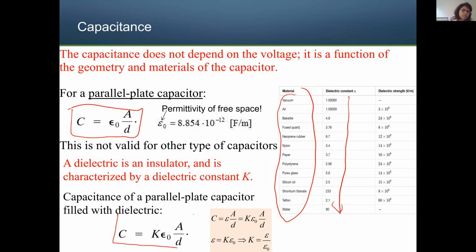That is what we call the final formula. K is the dielectric constant. Dielectric constant is always greater than 1, because it is the ratio of the permittivity of the media divided by the permittivity of air. So this number is always greater than 1.